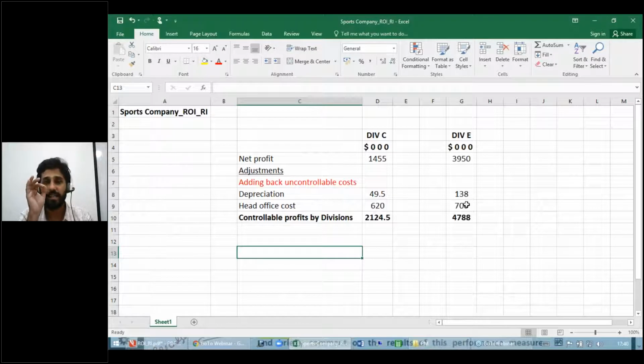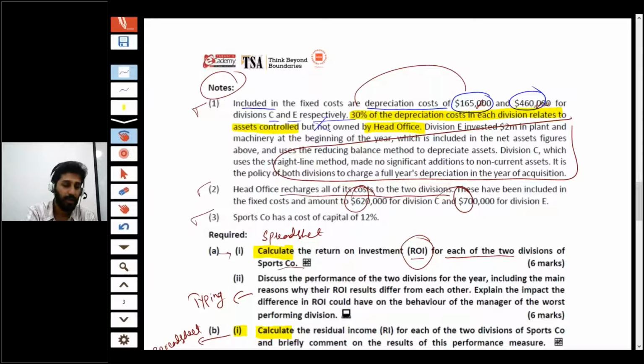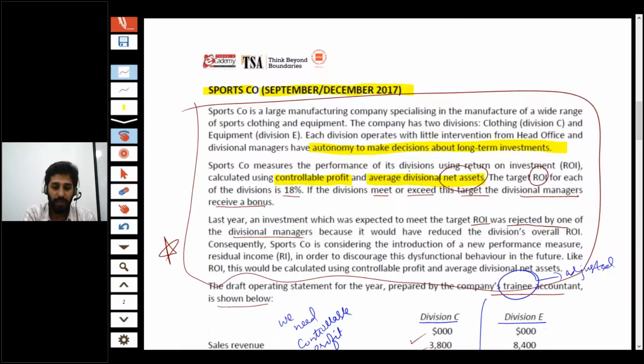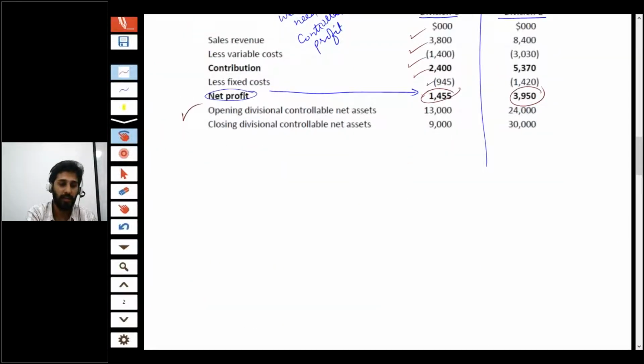Now I need the capital figure, and the question is saying that above we need average divisional net assets. What average divisional net assets? It's average divisional net assets. So here it is written that opening divisional controllable net assets, closing divisional controllable net assets, opening and closing.